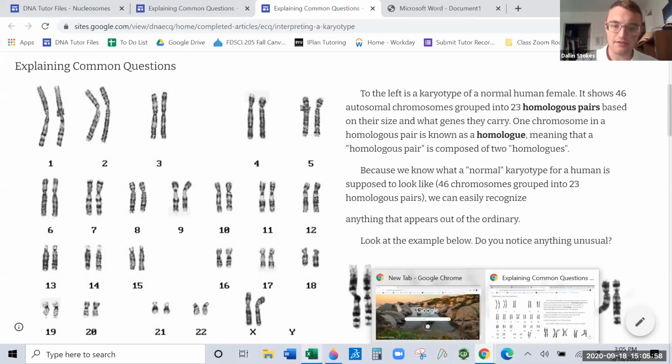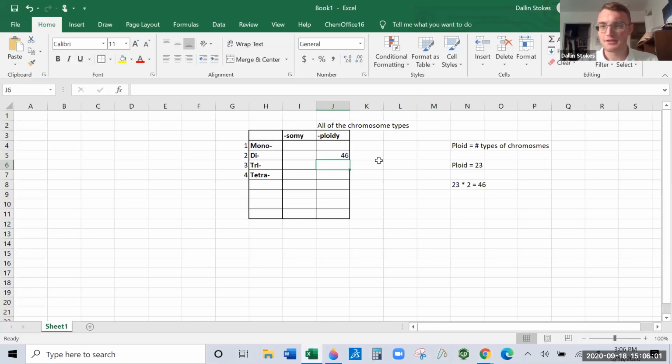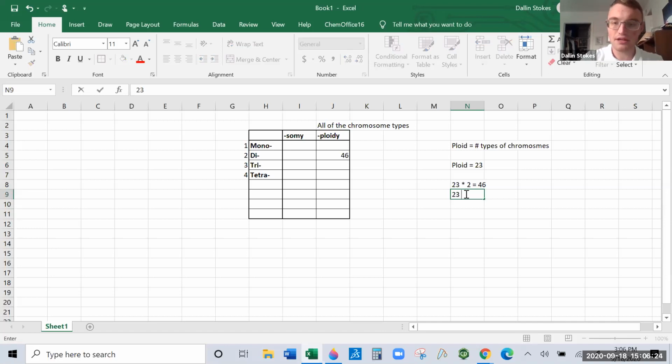Okay, let's come back over here and use a different prefix. If we have 3 copies of every chromosome, that's lethal for humans, but some plants can actually pull it off. And in week 9, we'll go over that. If you have 3 copies of every chromosome, that means you are triploid. And so in order to figure out how many chromosomes you have, you go 23 times 3, and that's 69.